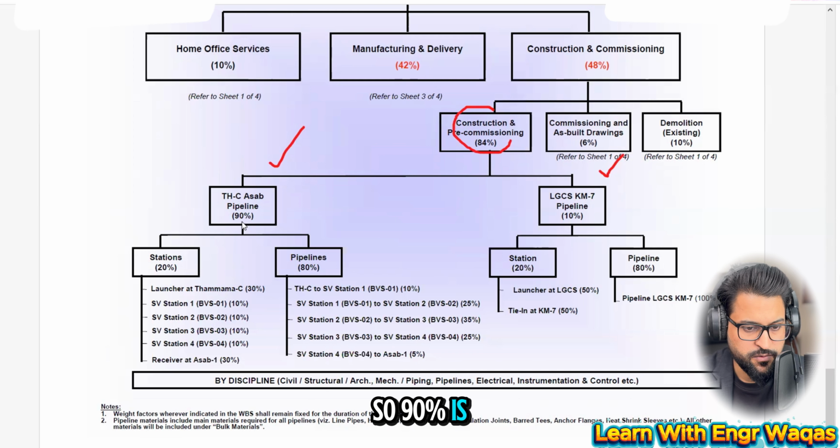So 90% is further subdivided into stations and pipeline, 2 WBS. Under stations, there is another thing, launcher at Thamama. SV, like section valve station, it is giving you the WBS, like blocking valve station 1, 10%, 10%, 10%, 10%, right? Like this one. And then receiver at ASUB 30%, right?